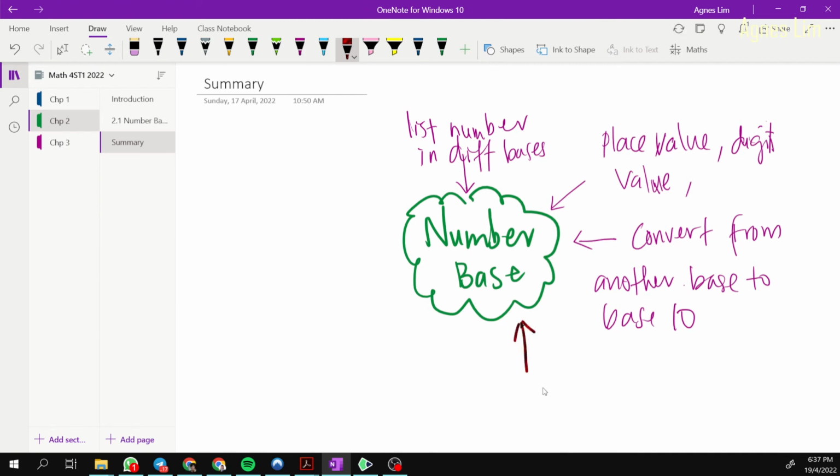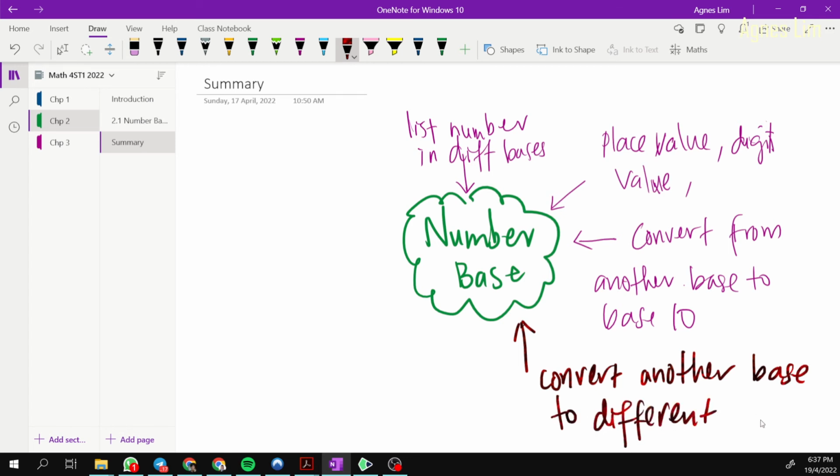We also learn about how to convert another base other than 10 to a different base by going through base 10.